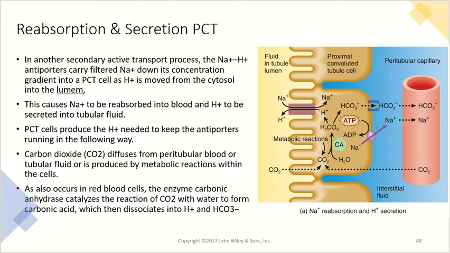It can also occur in red blood cells, where the enzyme carbonic anhydrase is going to catalyze the reaction of CO2 with water to form that carbonic acid. And this is going to then dissociate to form hydrogen ions and bicarb.